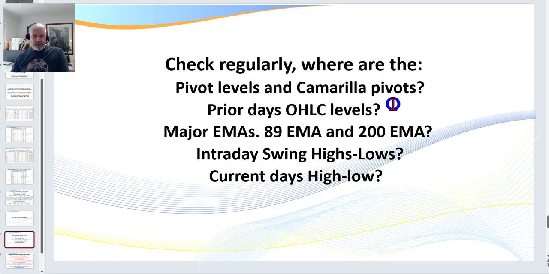The Friday's open, high and low, our 89 and 200 EMAs, our intraday swings, and our current high and low. And the reason these are critical, these act as major support resistance levels, and they are also what we call price magnets.